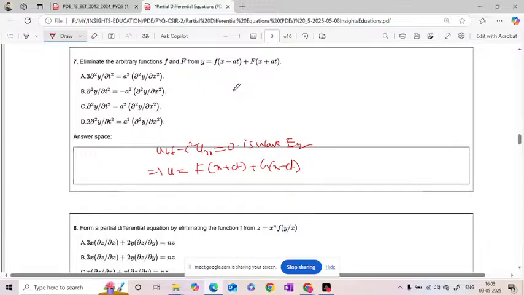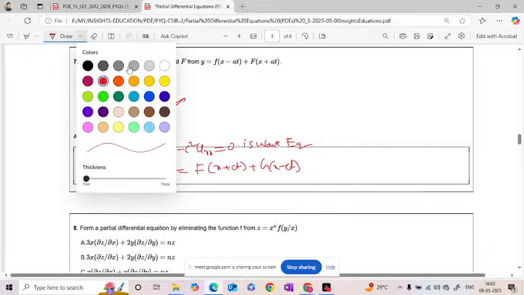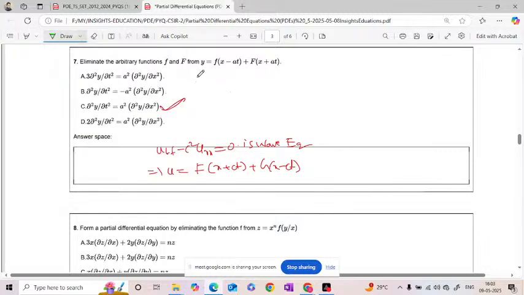That means it is the solution of the wave equation only. Okay, so option C is the correct. Or you can form the differential equation by differentiating.